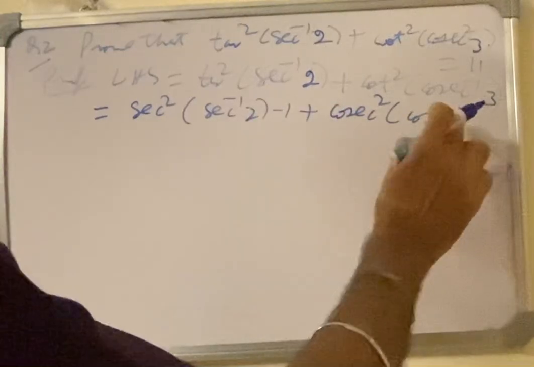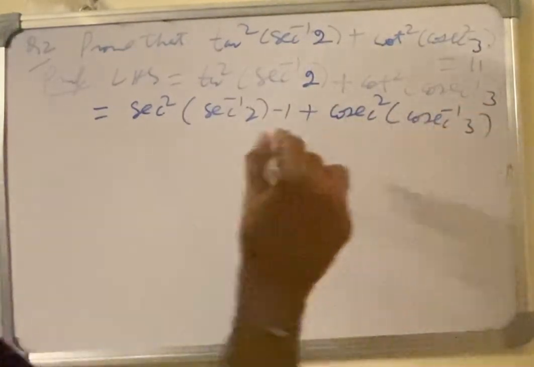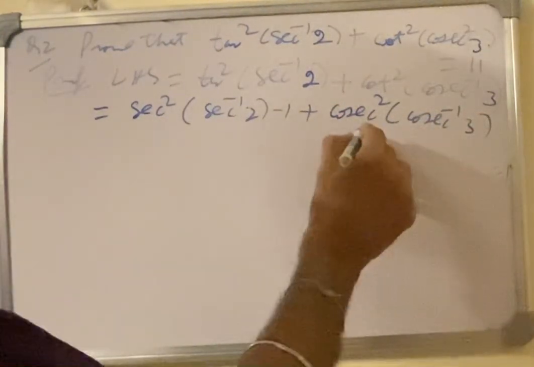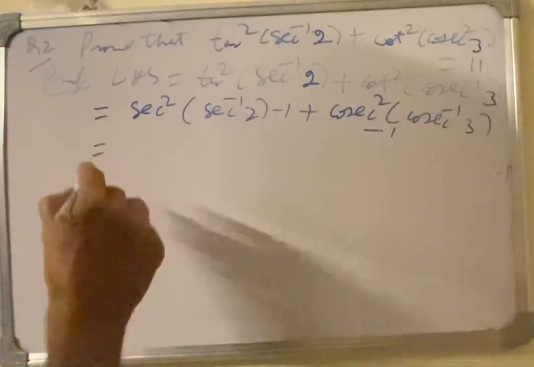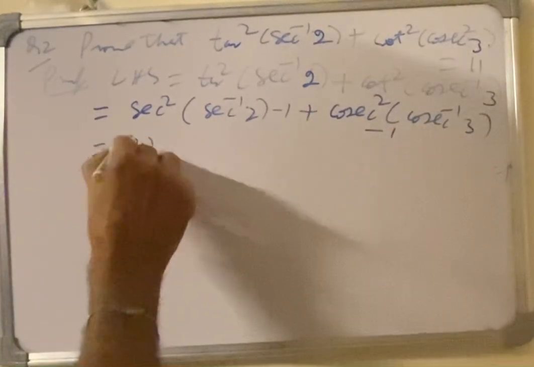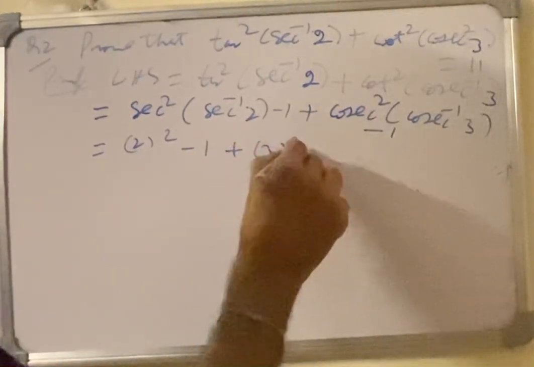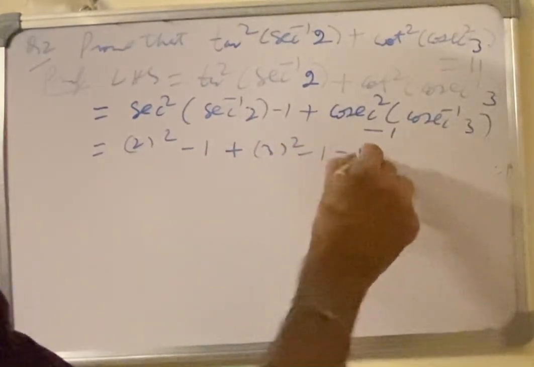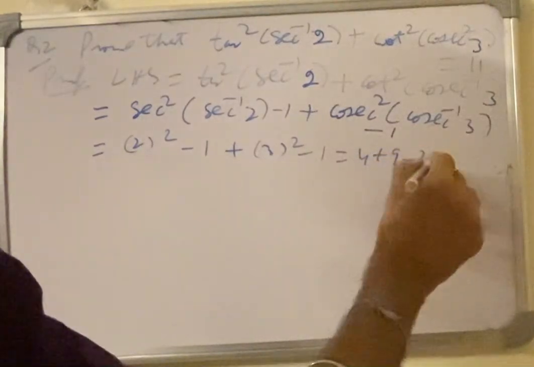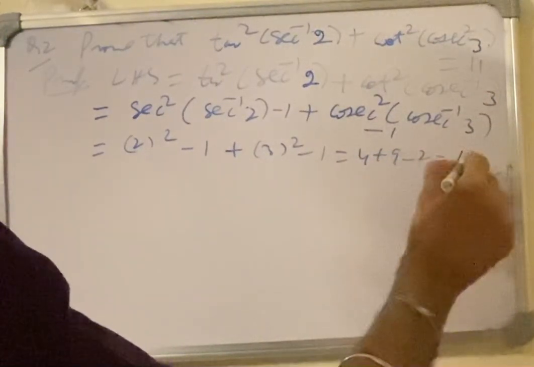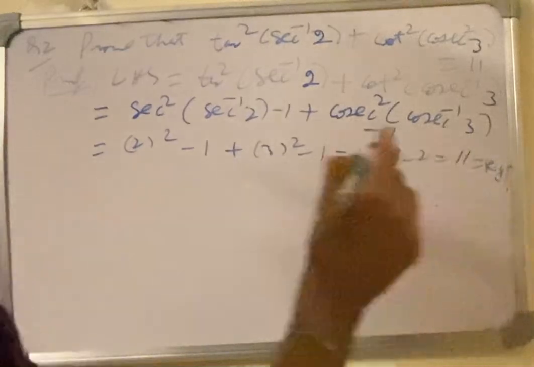This is 2 square minus 1 plus 3 square minus 1, is equal to 4 plus 9 minus 2 is equal to 11, which is the right hand side.